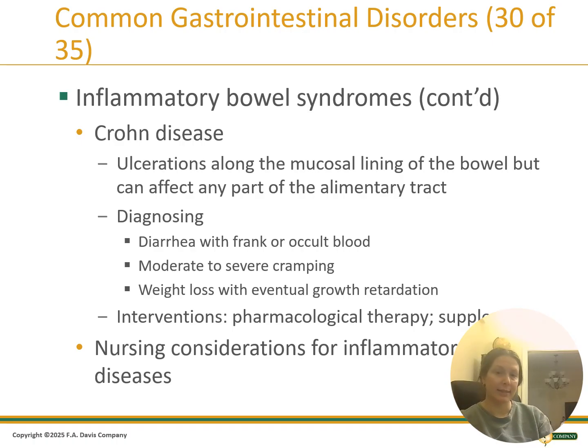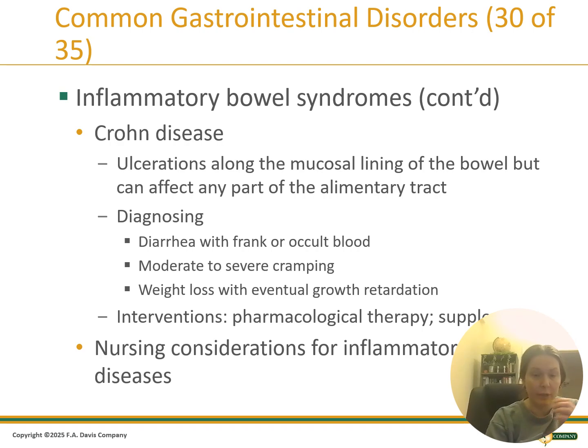We diagnose this by taking a stool sample and checking it for frank or occult blood. They usually experience a lot of abdominal cramping that can be quite debilitating, and weight loss that can get to the point they'll have so much weight loss that they eventually have some growth retardation.